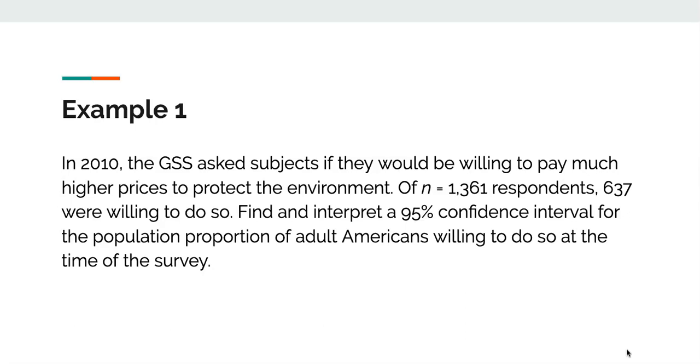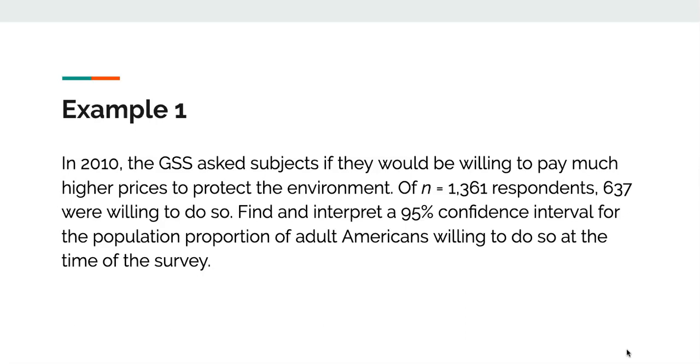So only about 46.8% of the people who got surveyed were willing to pay much higher prices to protect the environment. Now that number is less than 50%, so I would say the majority are against this.